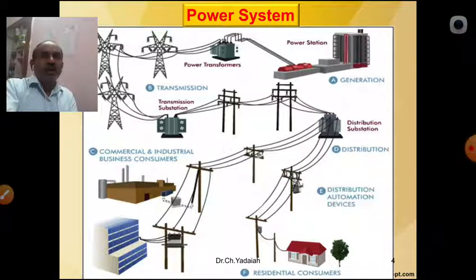After that it comes to a receiving station near a metro city, where 400 kV is stepped down to 220 kV in one substation, and 220 kV to 132 kV in another substation, where 132 kV consumers are also available.